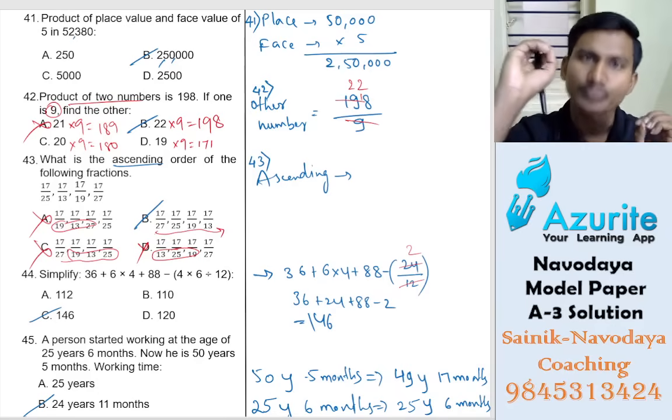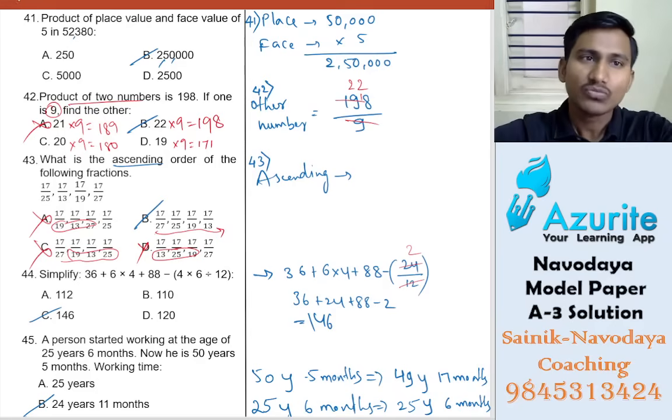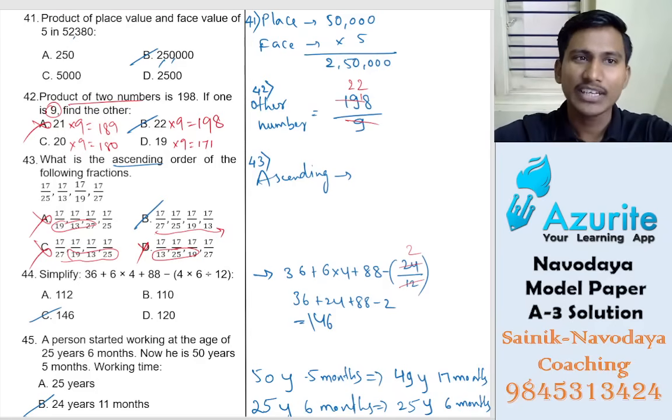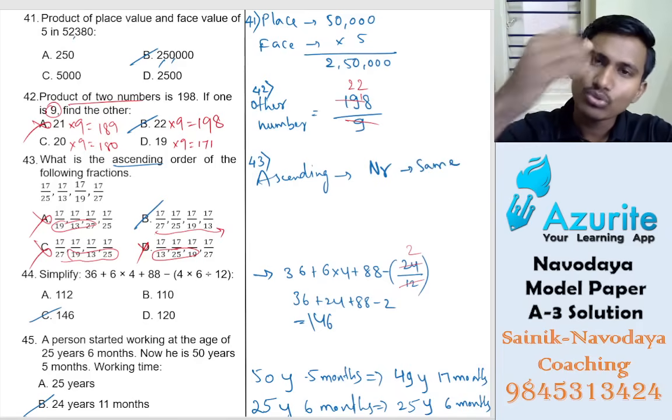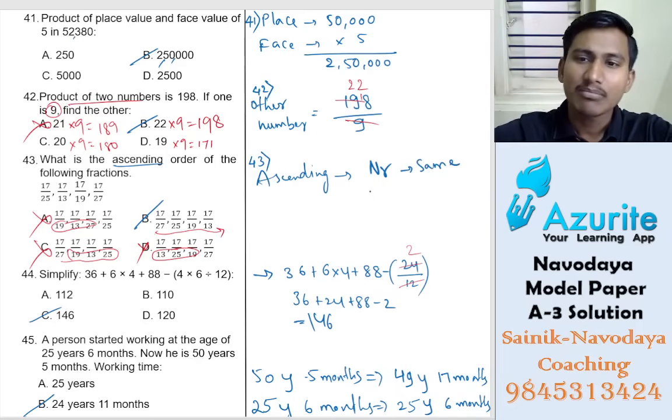Or you should know, when the numerator is the same, the denominators we have to arrange from big to small. Why?